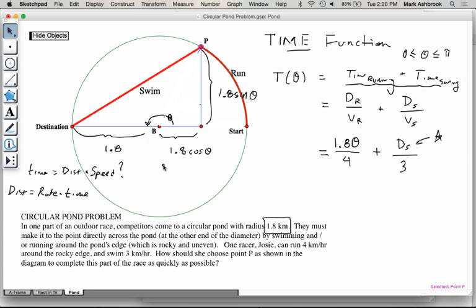Okay? And then how are we going to get that distance that she's going to swim? Pythagorean theorem, right? It's your favorite math formula. So that distance she swam is going to be the square root of the sum of the squares of these legs. So I'll just write it down right here.